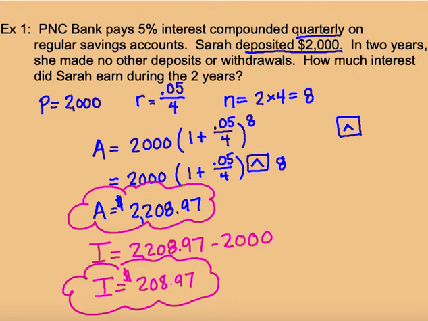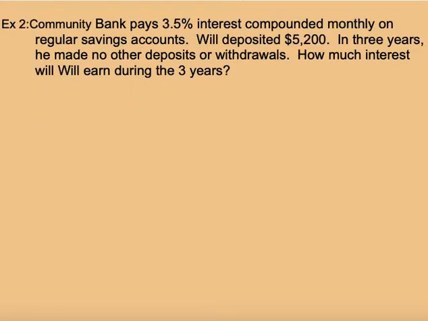Let's try one more of these together to make sure that you understand. So Community Bank pays 3.5% interest compounded monthly on regular savings accounts. Will deposited $5,200, so that is his principal. His rate is going to be 0.035 divided by, since we're compounding it monthly, we're going to divide that by 12.